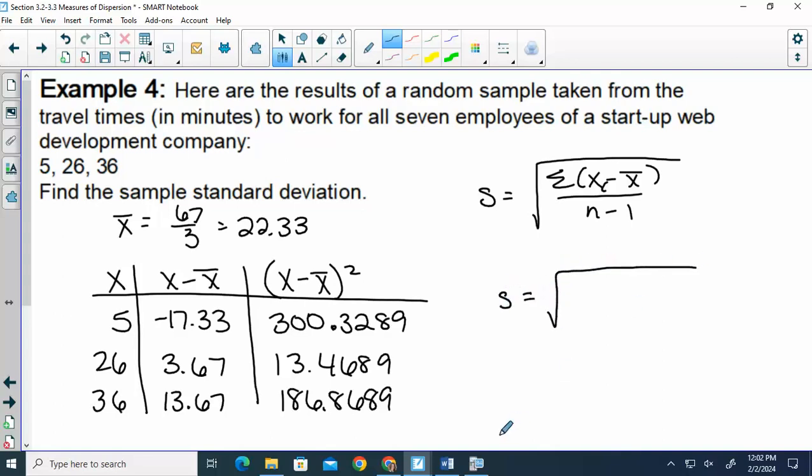So if you were taking a test and you wanted to check yourself, what would you look at right now? If the middle column added up to 0, or very close to it because we rounded. So to actually compute our standard deviation, we add the last column. So we add those 3 numbers.